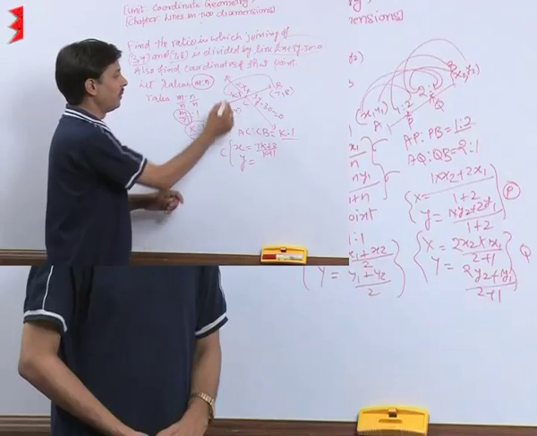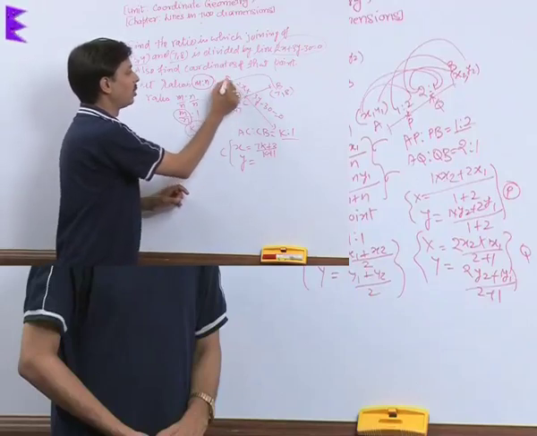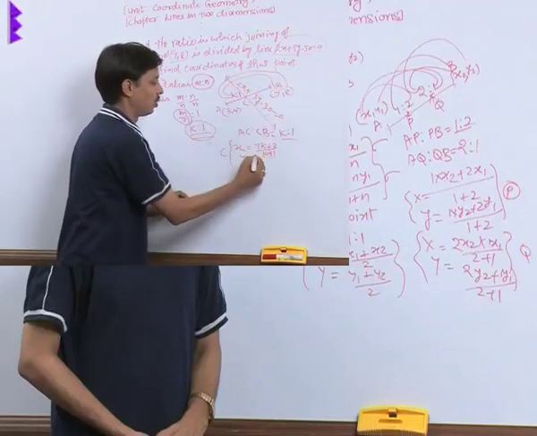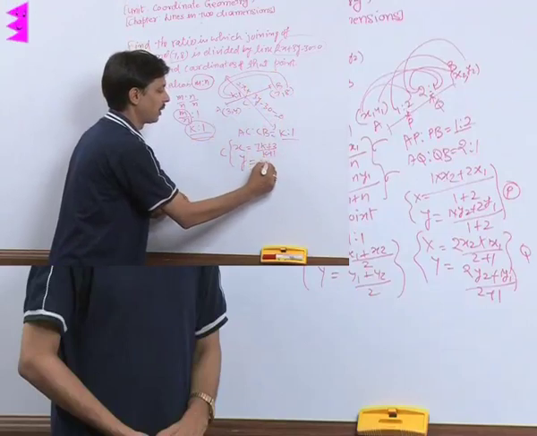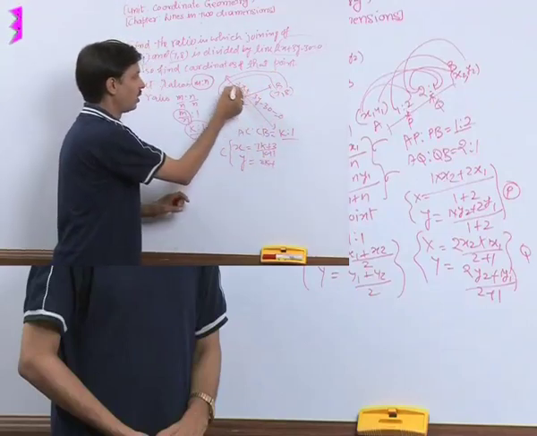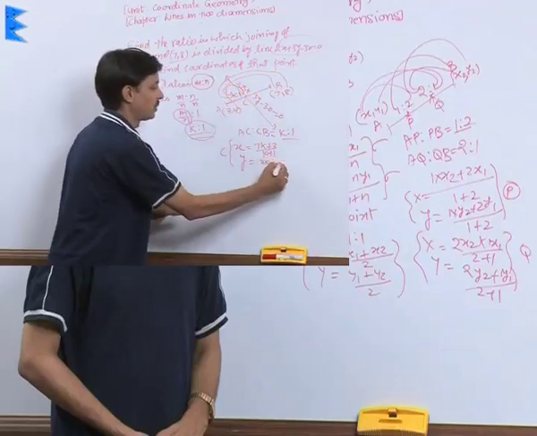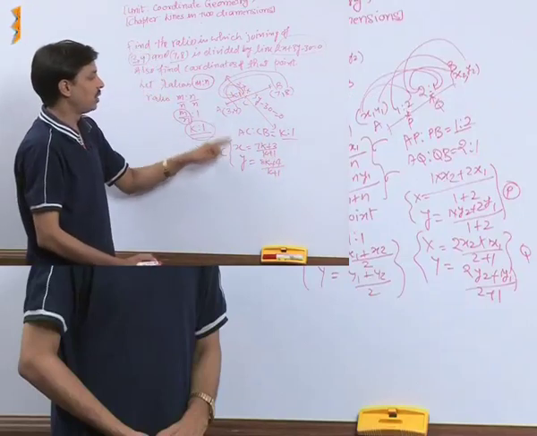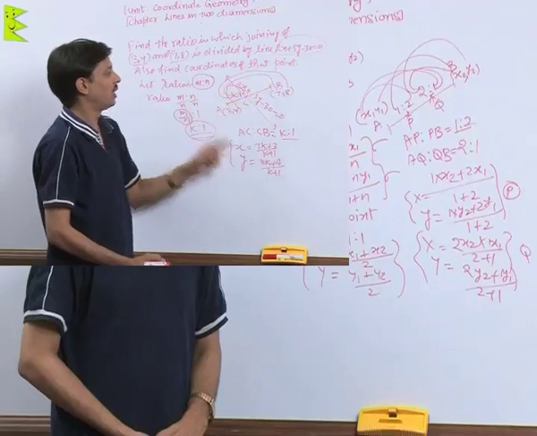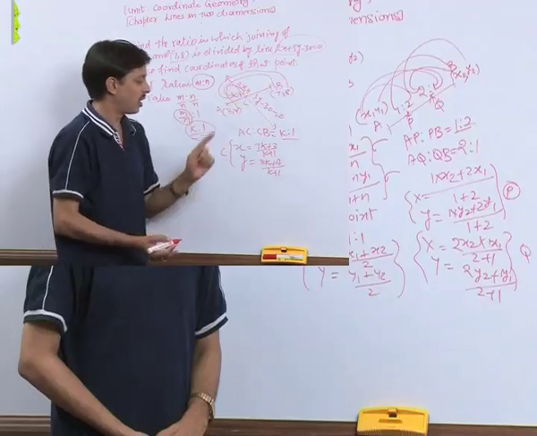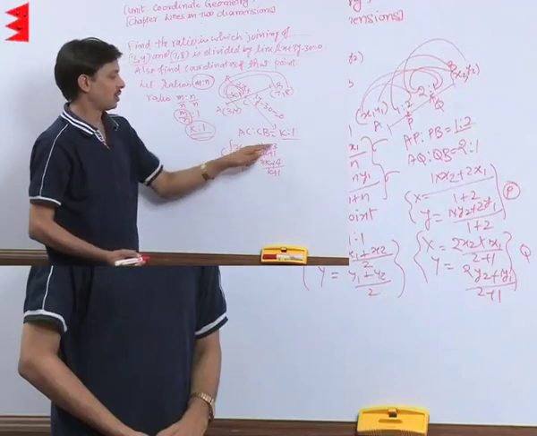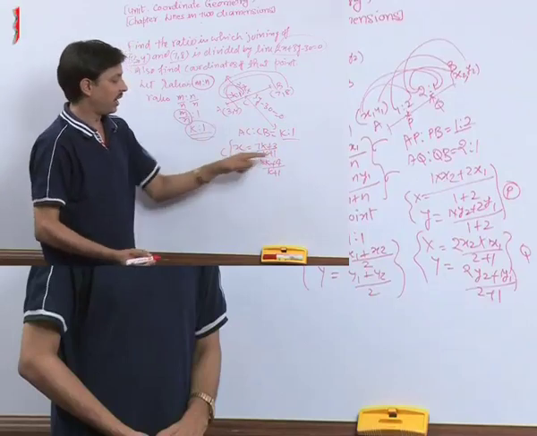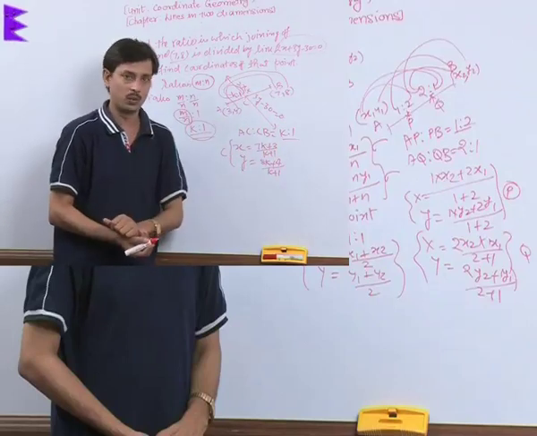Now for y, we will go with m y2, that is k into 8, that is 8k, plus 1 into 4, that is 4, upon k plus 1. Coordinates of the point C which is separating the joining of A and B in the ratio k:1 are 7k plus 3 upon k plus 1 and 8k plus 4 upon k plus 1.